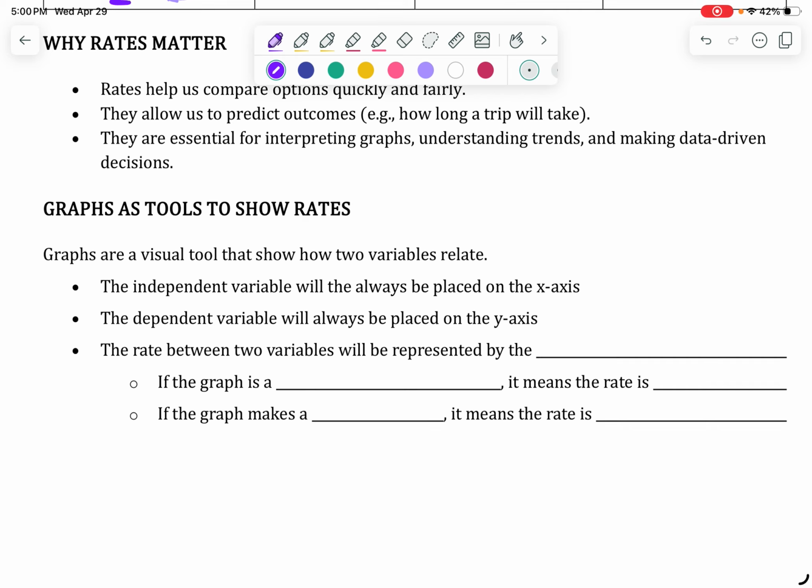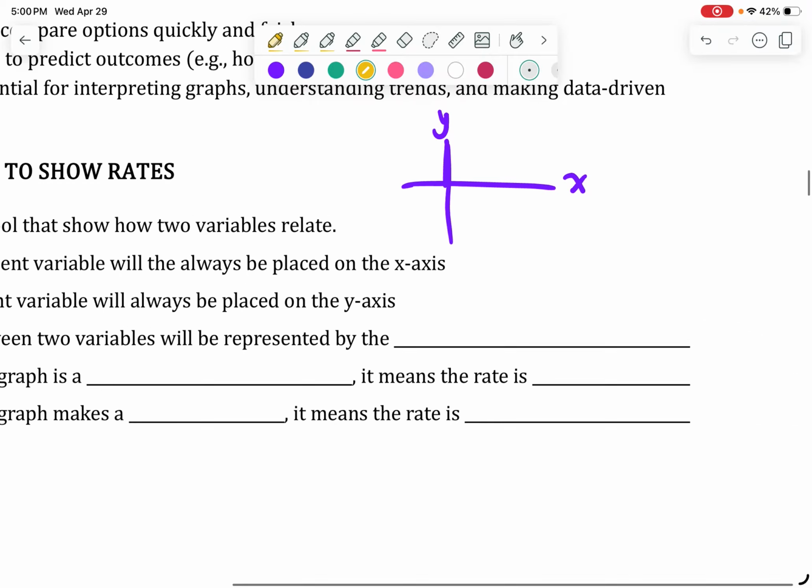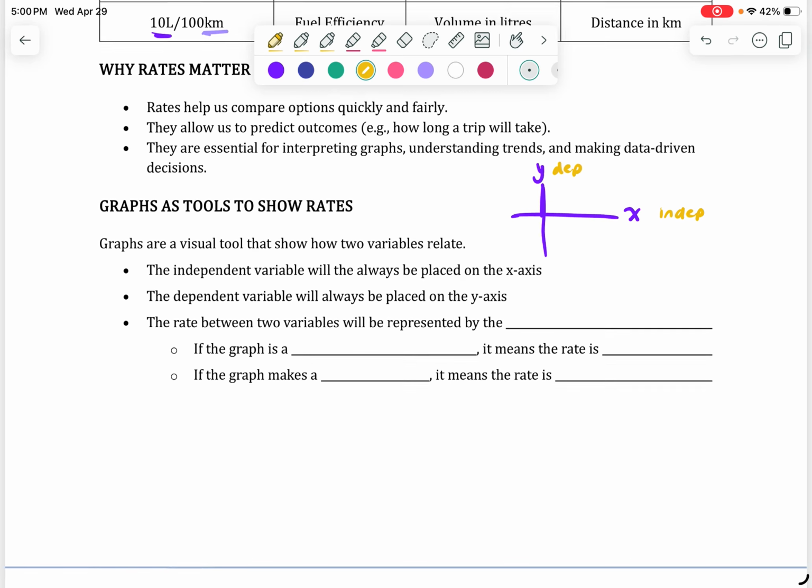So graphs, obviously they're visual tools. We know on a graph we have an x-axis and we have a y-axis. The x-axis is on the horizontal, the y is on the vertical. Now, when we take a look at which is which, the independent will be the x, the dependent will be the y.